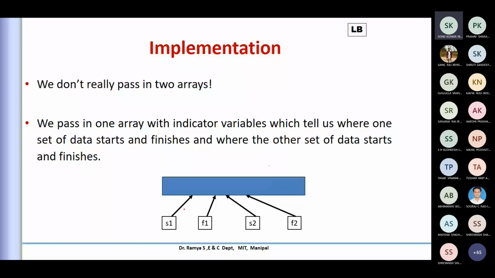I know what is the beginning of the second array, and the end of the next array, so we can manage with the array index. That itself is going to be the pointers. So we are passing only one array.